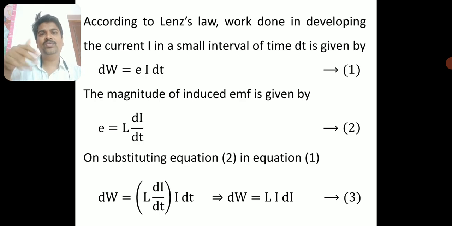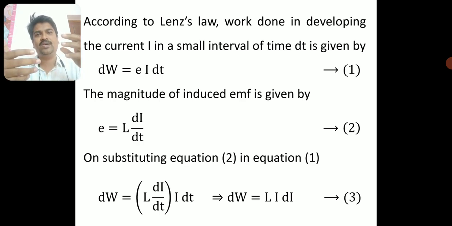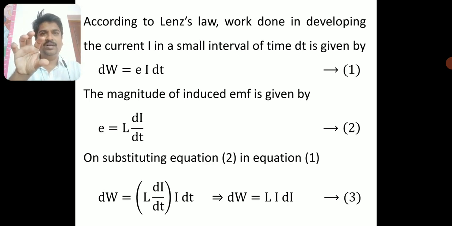So you need to do the work against this EMF to establish the current in a coil for a small interval of time dt. It is the EMF, and you need to establish the current I, so it is multiplied by I, and for how long? For a small interval of time dt, so it has to be multiplied with dt.